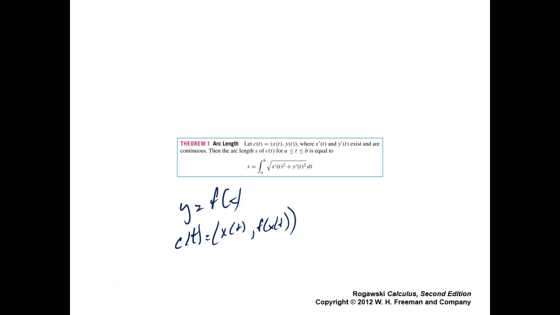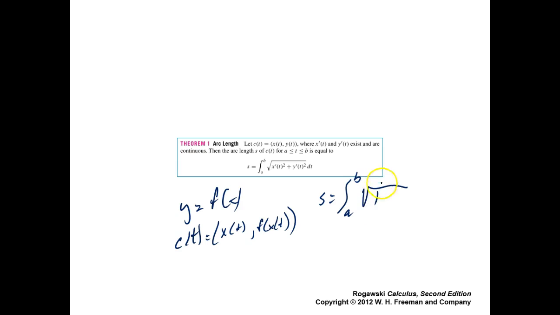But let's see what happens when you use this formula on it. Your s, your arc length, is then going to be the integral from a to b, just like before, t going from a to b, the square root of, but your dx/dt in this case, that's dx over dx, that just winds up being 1.